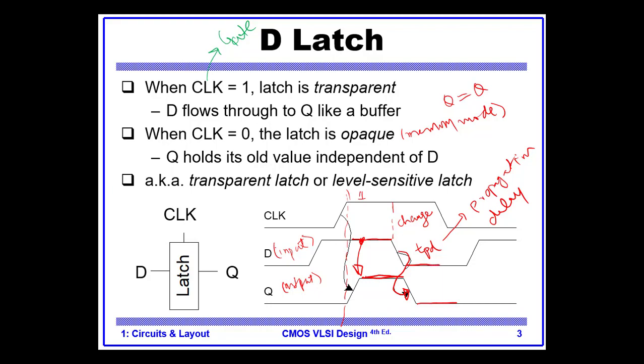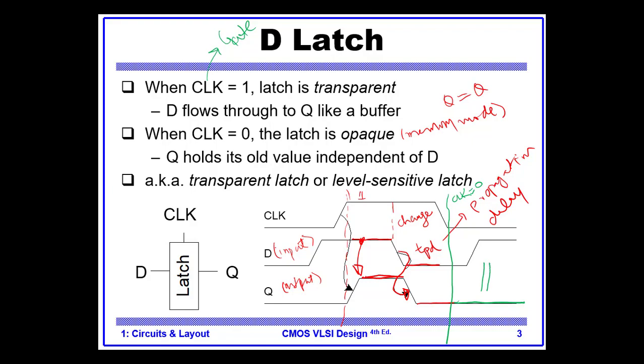But let's see what happens when the gate changes to 0. So at this point, you see, the clock becomes 0. Okay, and at this point the latch moves to memory mode. What that means is whatever is at the output will stay at the output. So we have a 0 at the output and it will stay as 0.